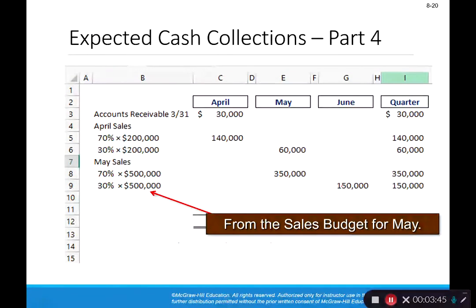So what you should do now is pause the video and incorporate June sales into this schedule, knowing that 70% will be collected in the month of sale, 30% in the following month. And then you'll be able to answer the quick check question. So pause the video and give it a go and see if you can figure out what total cash collections for the quarter would be.